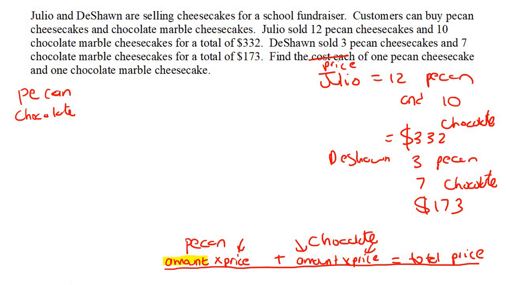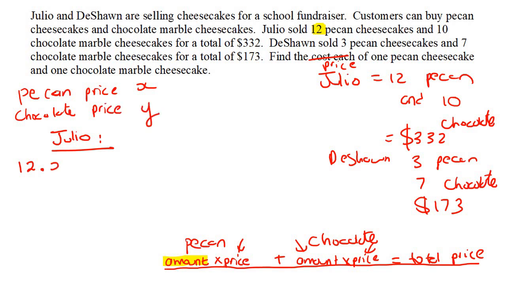For the amount of pecans, it would be 12. Let's say we're just doing Julio for now. So Julio sold 12 of those. We don't know the price, so let's say that the price for one pecan is going to be X, and then the chocolate price for one is going to be Y.